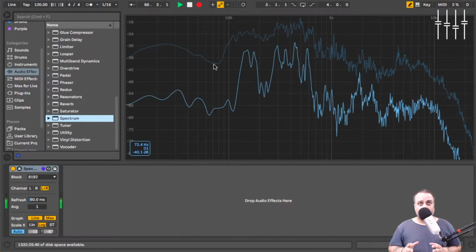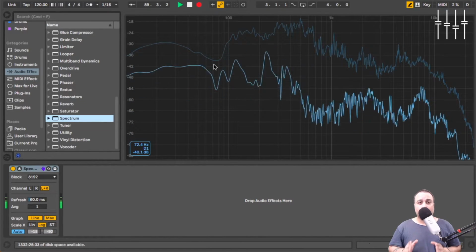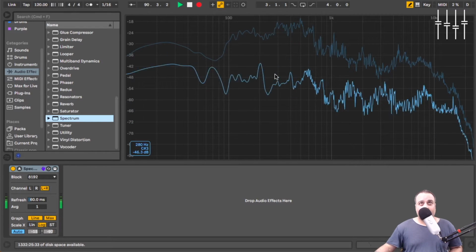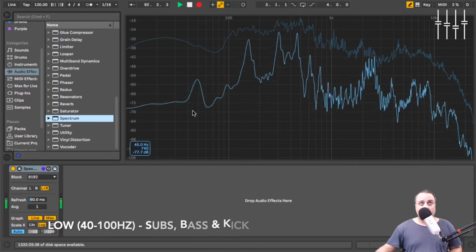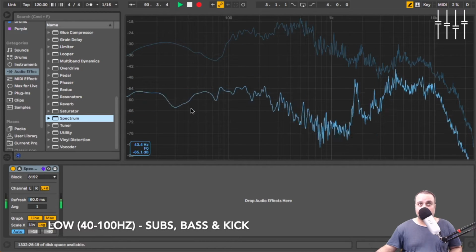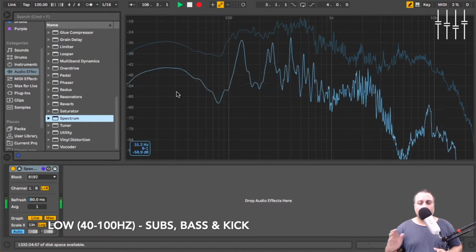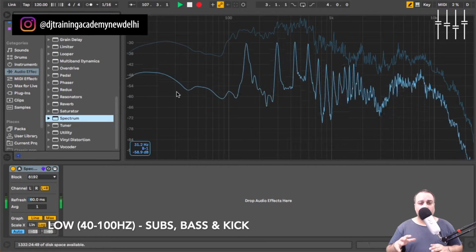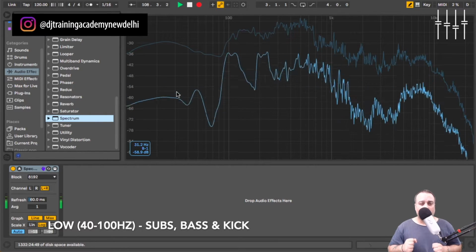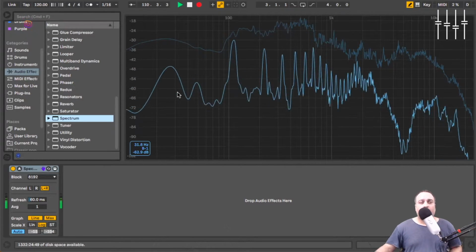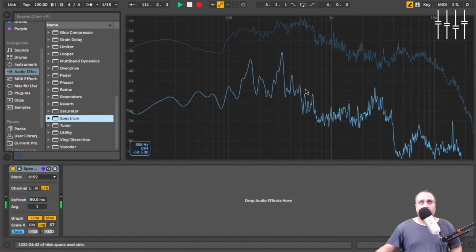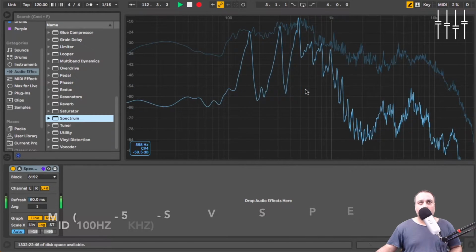What we can do is divide this spectrum into three parts: left, middle and right. The left part is for the low frequencies. It varies from 40 to 120 hertz, so it comprises all those low and heavy sounds: subs, bass, kick. And if you come to the middle, it carries all the sounds.